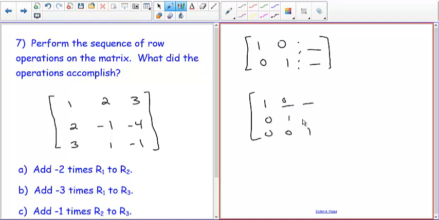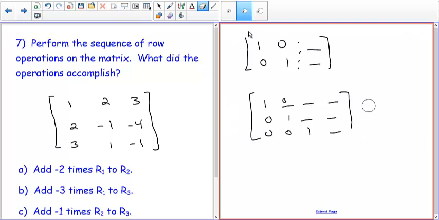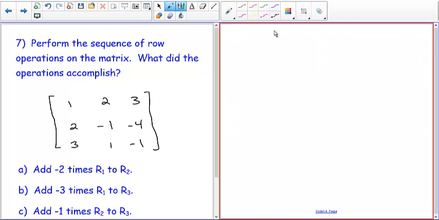You don't necessarily need to have zeros in here. That's kind of the process, and that's what these series of operations are going to do. They're going to push us in the direction of getting those correctly done.